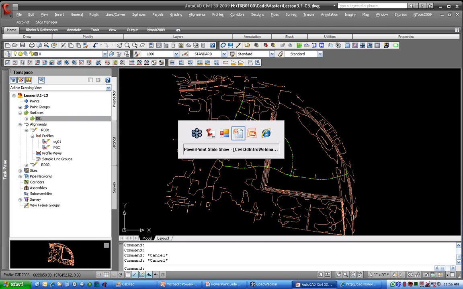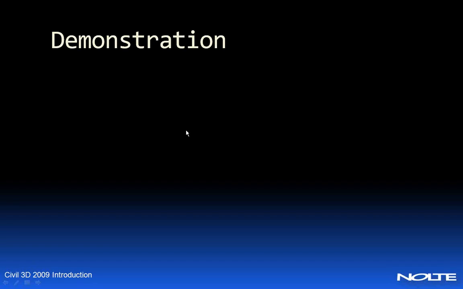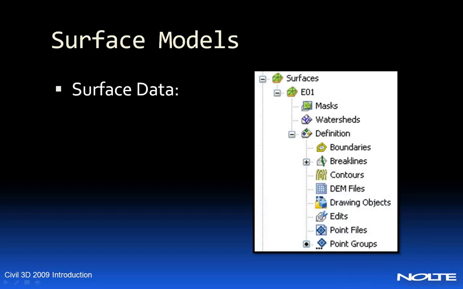Let me jump back over to my PowerPoint here and go on to the next one. We're now going to look at surface modeling, and the image there on the screen is the Prospector with the surface definition branch expanded, and hopefully those of you who've done surfaces in Land Desktop, this should look very familiar to Terrain Model Explorer in Land Desktop.